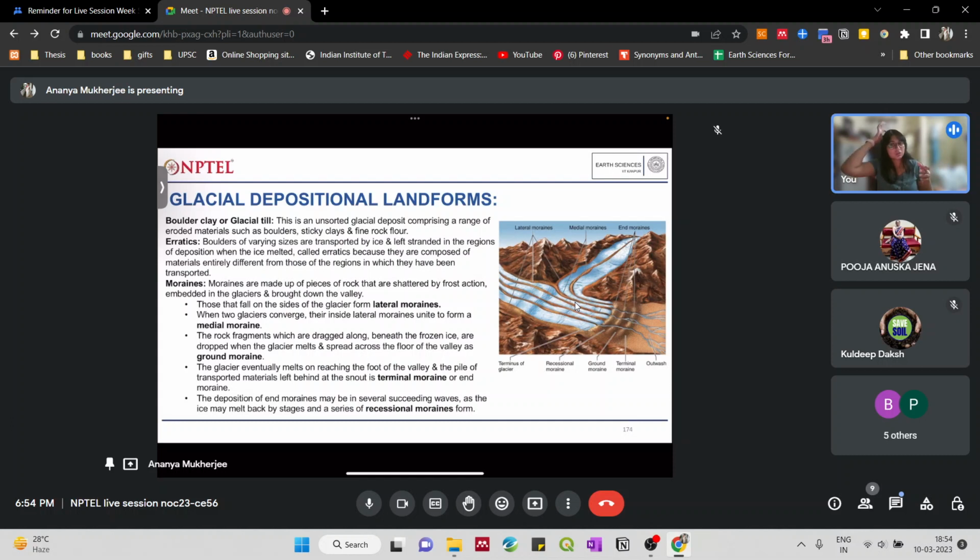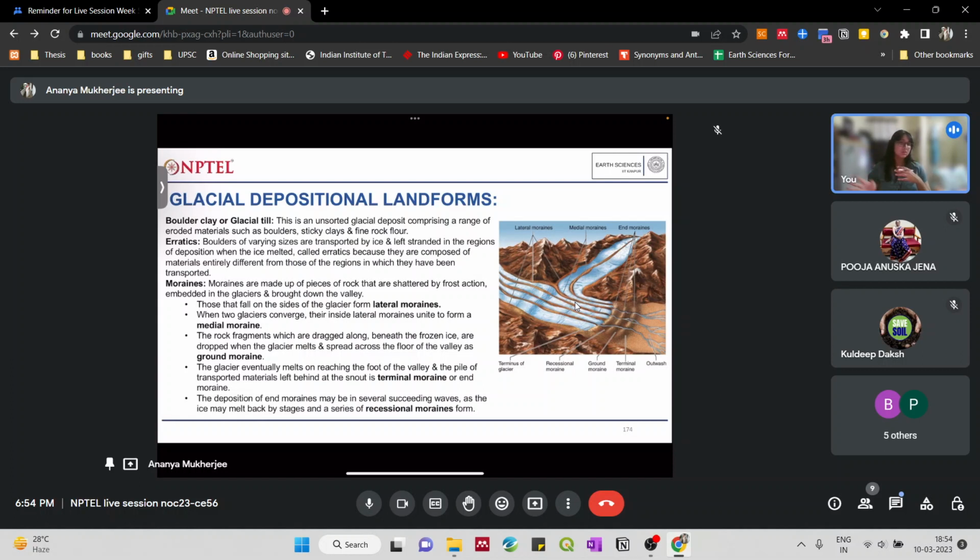When the glaciers are moving down, they are going to erode the valley walls, and the material that is being transported by them is carried along the edges of the glaciers themselves.